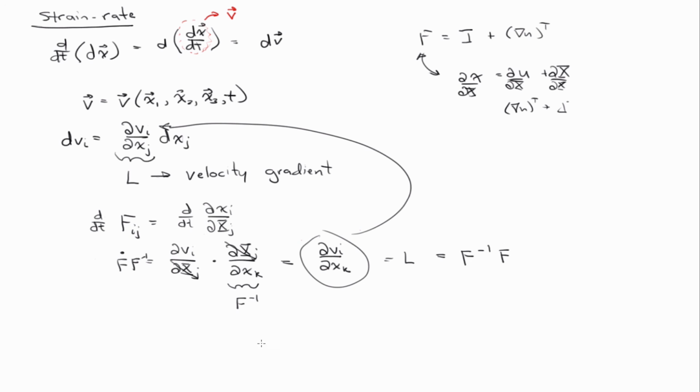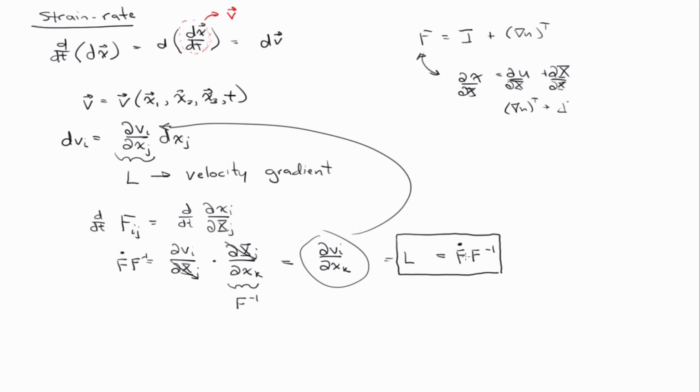So anyway, then just to summarize and put it in a box, we have that. We have the velocity gradient is equal to F dot F inverse, okay? Which is kind of interesting because I didn't really talk about this, but F is, did I use the word two-point tensor?